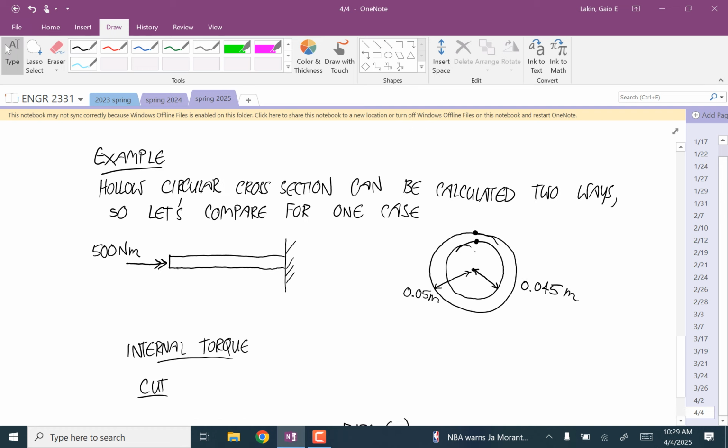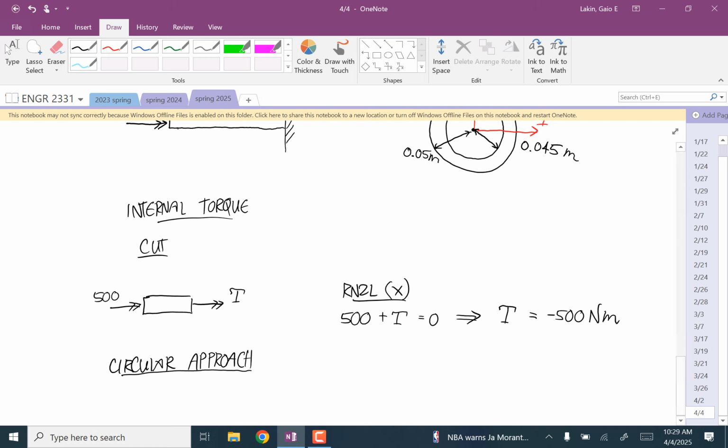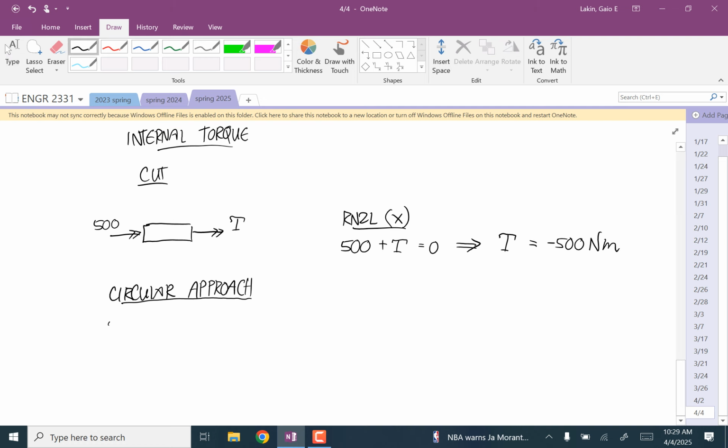We're going to use a temporary coordinate system with the z-axis pointing that way. That means the temporary y-axis points this way. And our tau xy is equal to the negative of the negative 500 we just calculated times rho divided by I sub p.